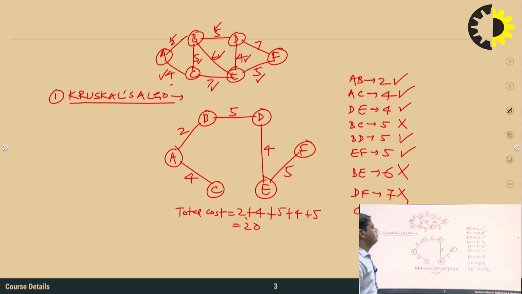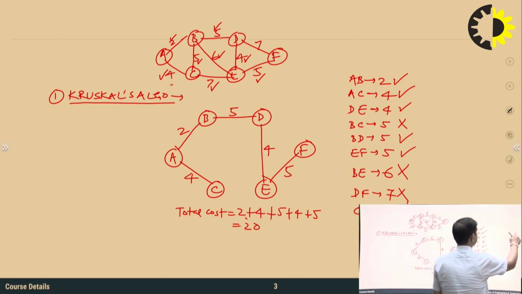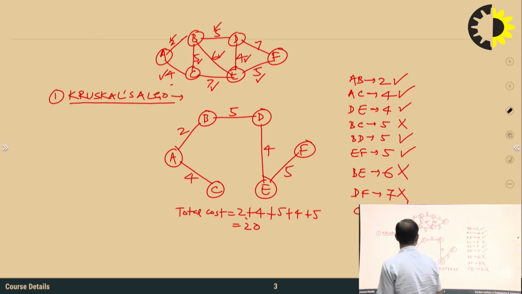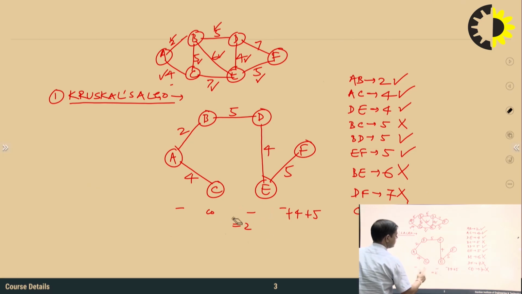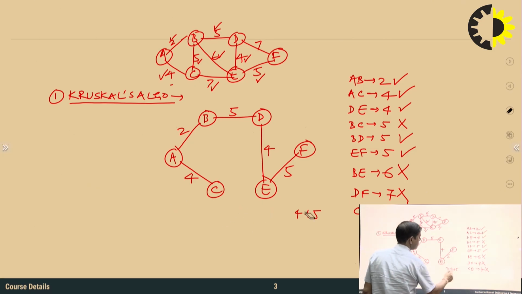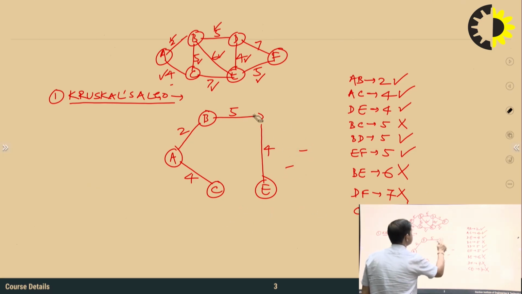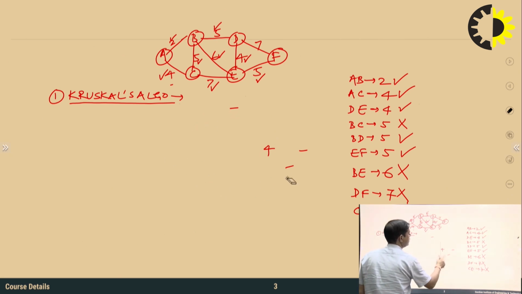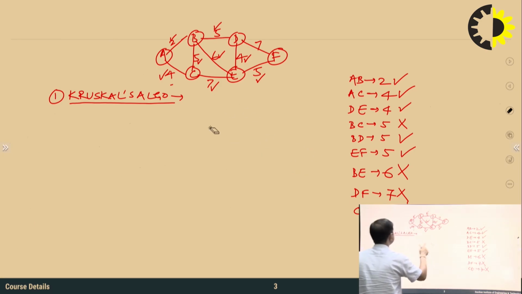Now we will do the same thing with the help of another method that is called Prim's. The graph will be same.